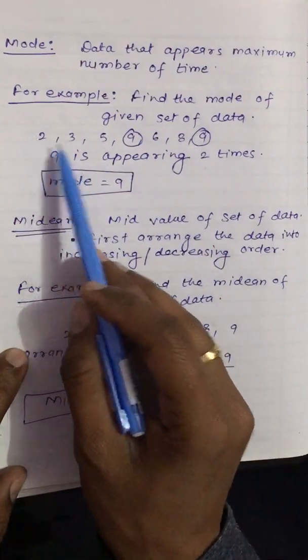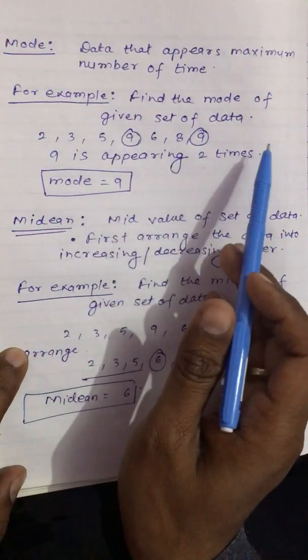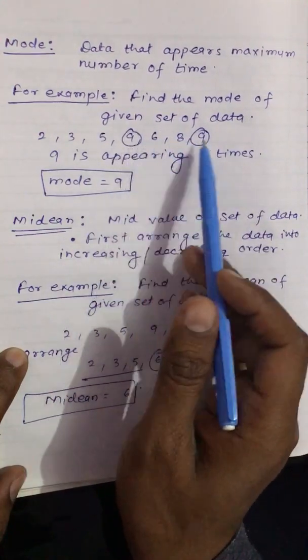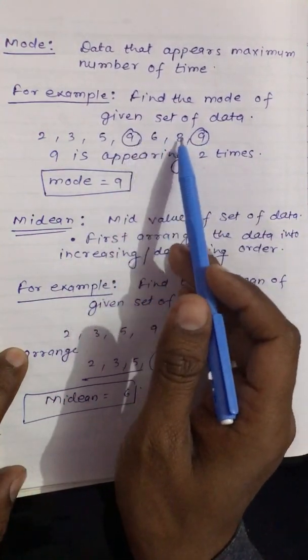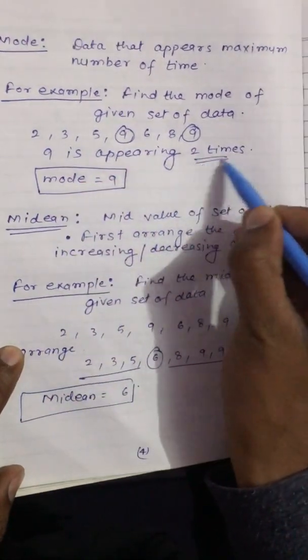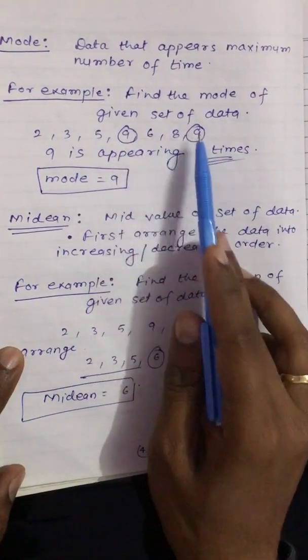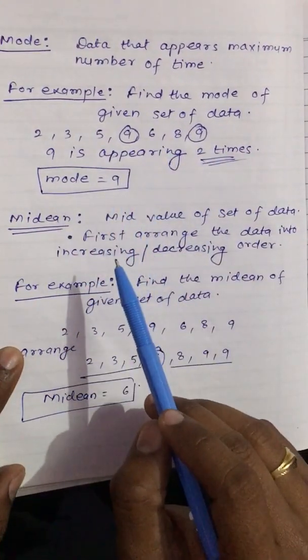Data is given: 2, 3, 5, 9, 6, 8, 9. If you see, 2 is appearing only one time, 3 is also appearing one time, 5 is also appearing only one time. 9 is appearing 2 times. 6 and 8 also appear one time. So 9 is appearing 2 times, the maximum number of times. So mode becomes 9.